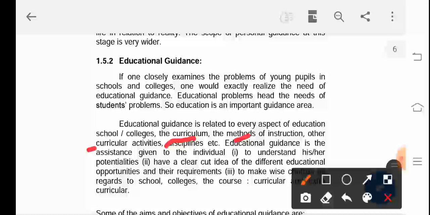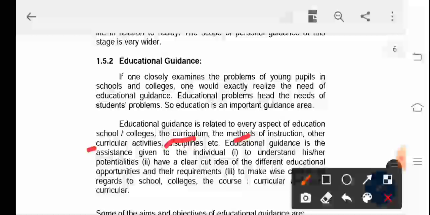Broadly, educational guidance helps an individual or a student to understand his or her potentials. Each and every individual has potential, some abilities, skills, interests and attitudes towards a particular curriculum, particular education.